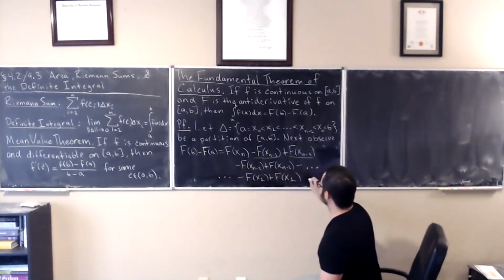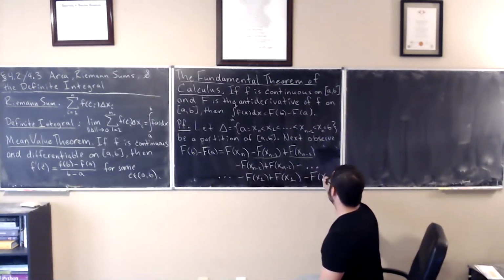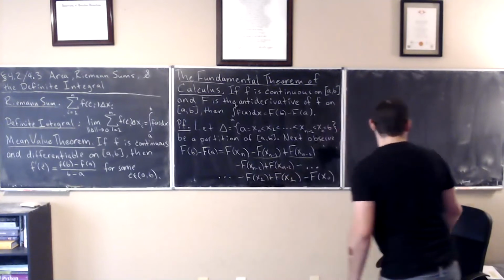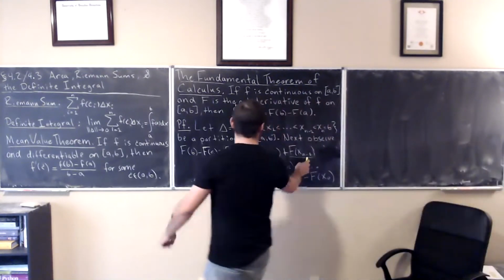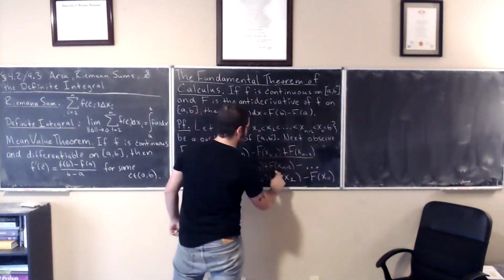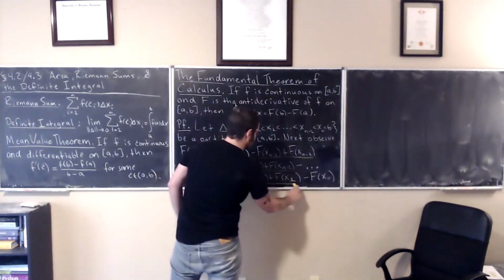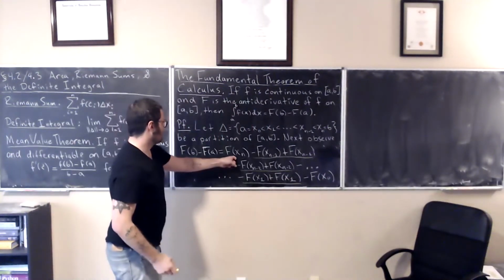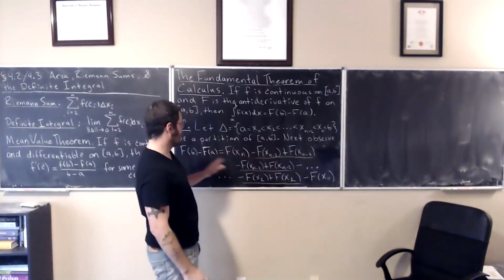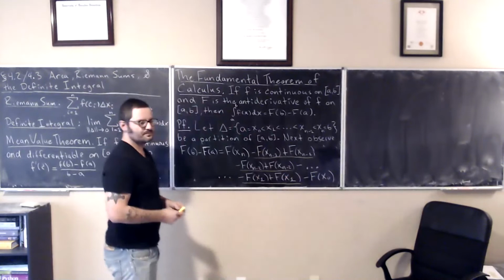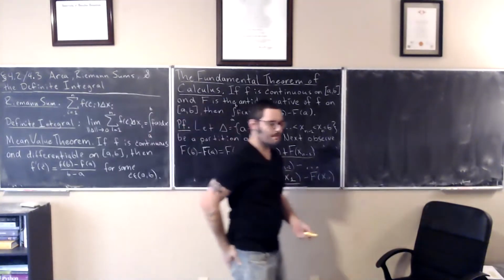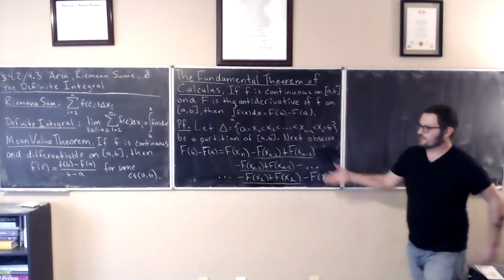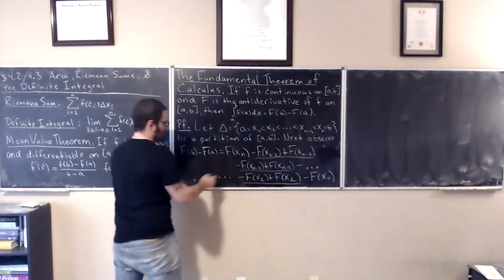And then finally, at the very end, subtract off F(x0). So really, when I'm looking at this, that's 0, that's 0, everything is 0, and then finally, we subtract off F(x0). So there's F(b), there's a bunch of zeros, minus F(a). So there's zeros everywhere in there, right? Which we're allowed to do. We can add 0 as many times as we want, and we're not going to change this equation, right?